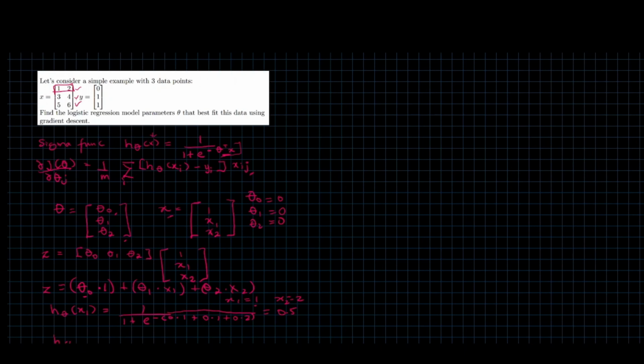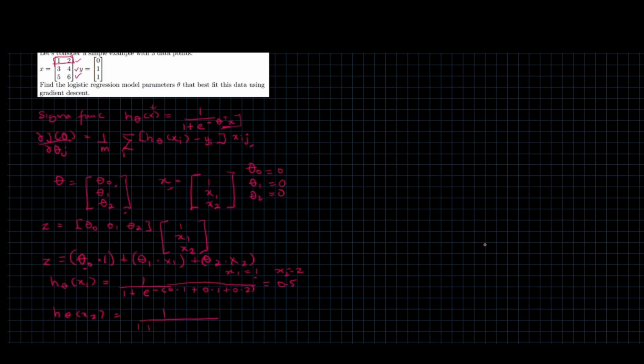And for our second data point, it's going to be 1 over 1 plus e raised to the power negative... In this case, what are x1 and x2? 3 and 4. So x1 is equal to 3, x2 is equal to 4.